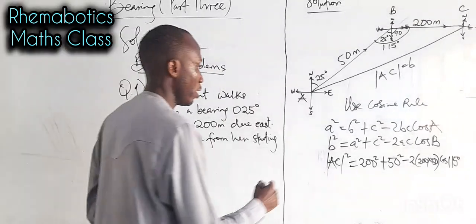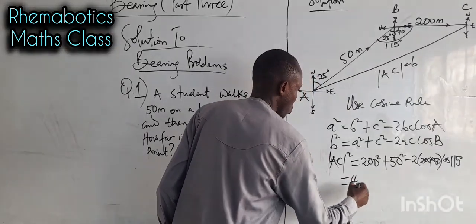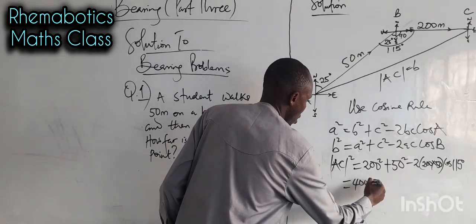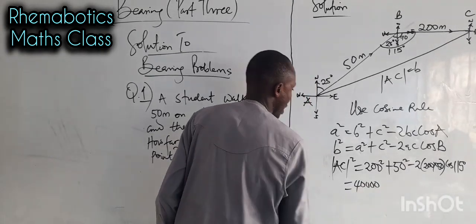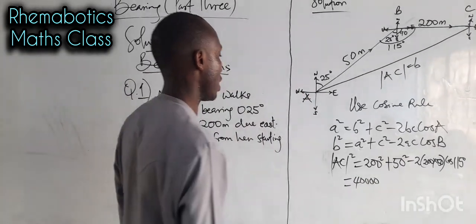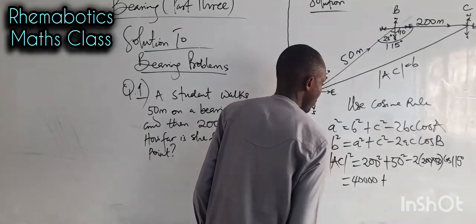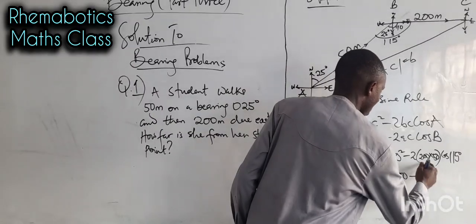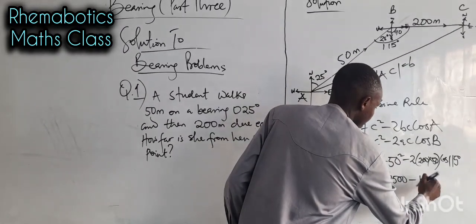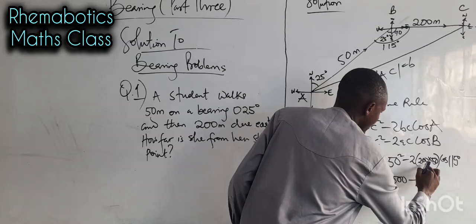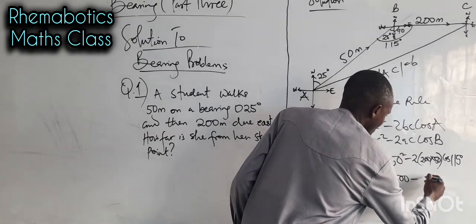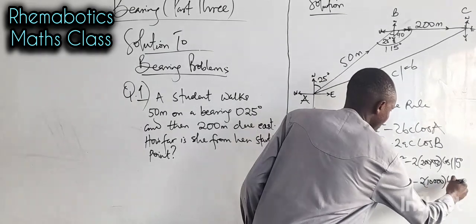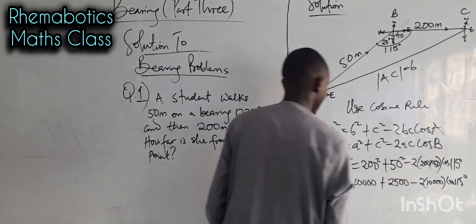115 degrees. Okay, so 200 squared will give us 4 then 4 zeros, that's 40,000. Then plus 50 squared will give us 25 then 2 zeros, 2,500. Minus, 2 times 200 times 50 will give us 10,000. Then cos 115.